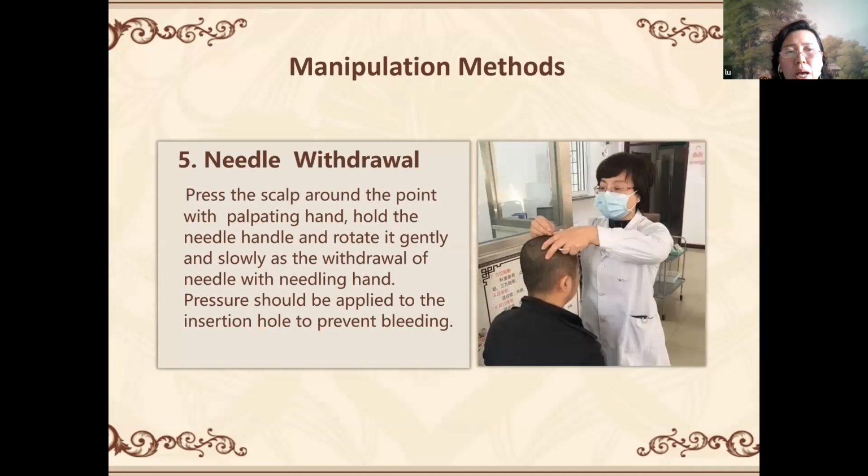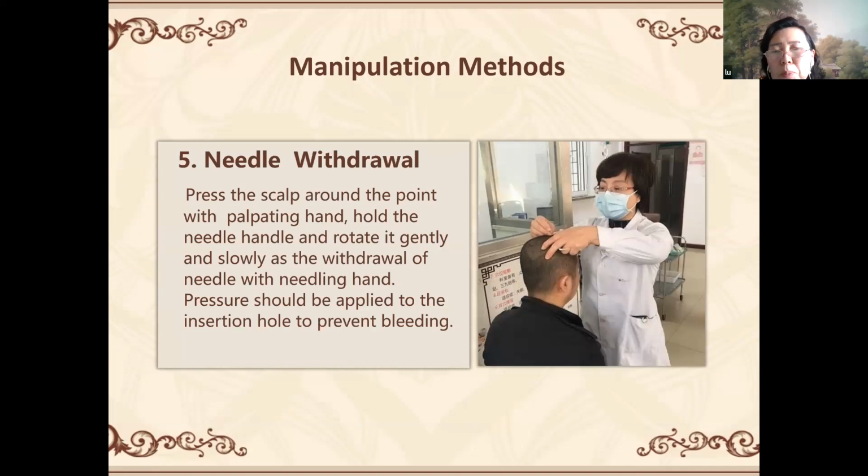And the next step is needle withdrawal. Here we should pay attention to the pricking of the scalp around the lines we stimulate, because there are too many blood vessels, especially small blood vessels, in the area of the scalp.